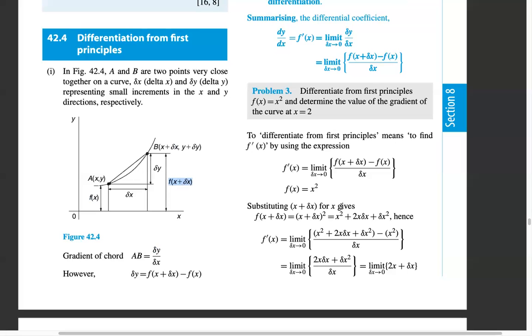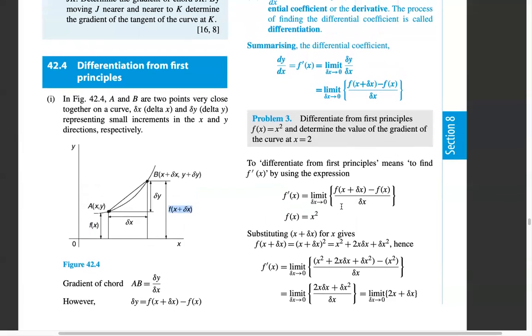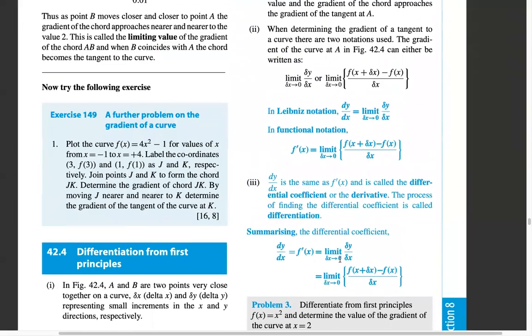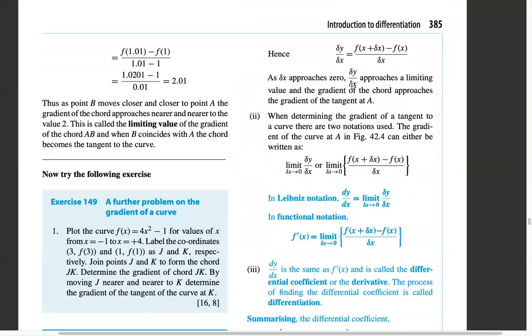So if you do some simple differences here, delta y over delta x is this expression here, this first principle, right? They say as delta x approaches 0, this would actually approach the true gradient, which we write as dy dx.